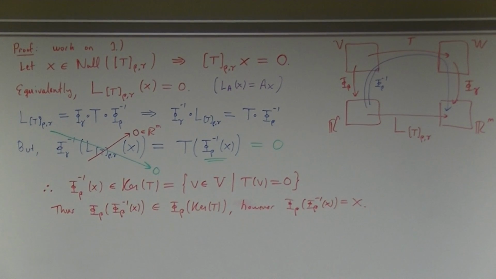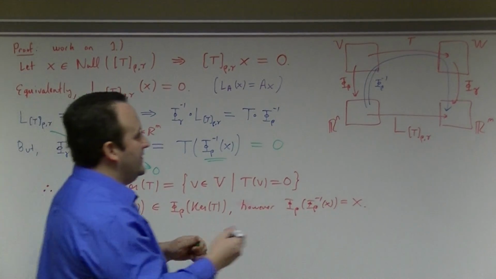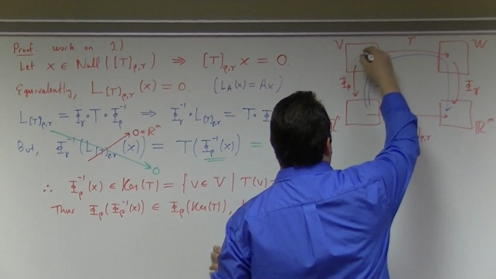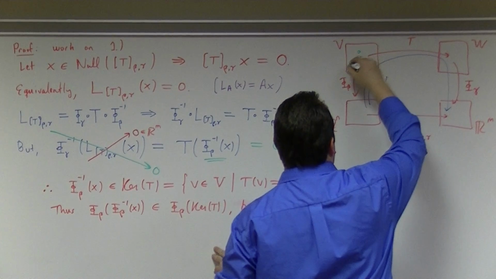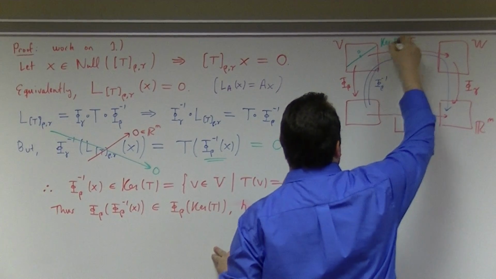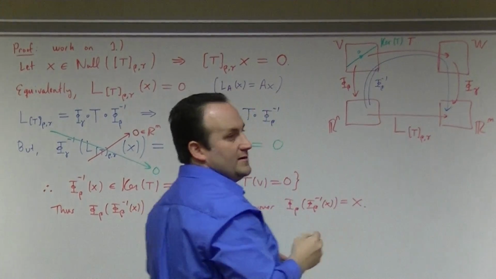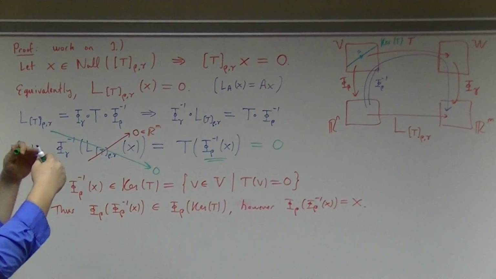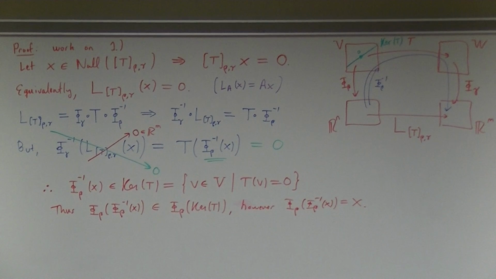So what's happening here, right? You can think of the null space. Where does the kernel of T live? The kernel of T is a subspace of the domain of the linear transformation T, right? So you could envision, if this is 0, the kernel of T as something like this, something up here. And then we proved that under a linear transformation, the image of a subspace is again a subspace, right?